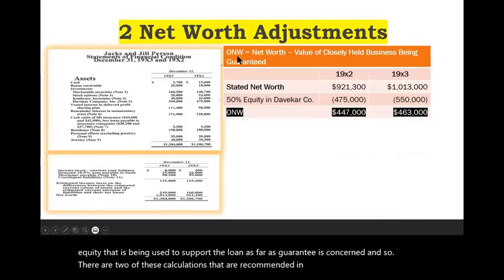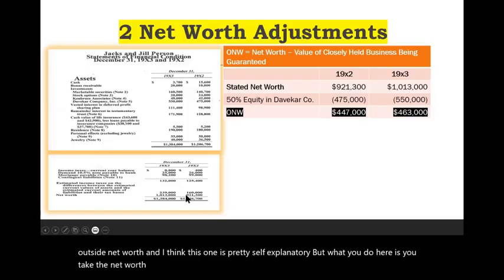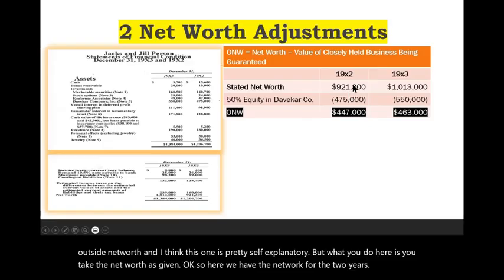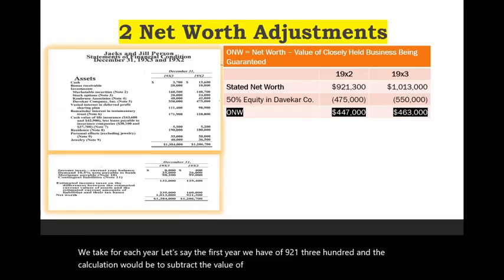One is called the outside net worth, and I think this one is pretty self-explanatory. But what you do here is you take the net worth as given. Okay, so here we have the net worth for the 2 years. We take for each year, let's say the first year we have of 921,300, and the calculation would be to subtract the value of the equity in the business that is being guaranteed.